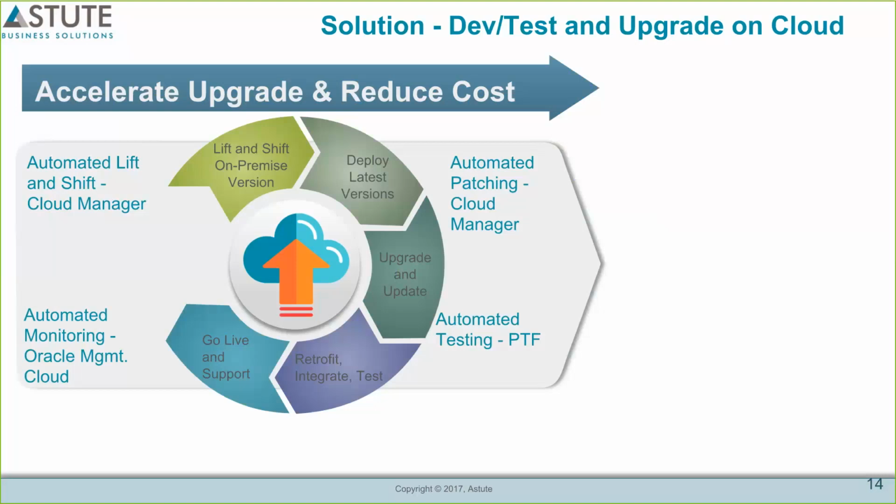Now here comes the really interesting part. Customers have gotten really good at some of these processes on-prem, downloading the new software, applying it, and going through the checklist. Where customers always struggle is in testing that update. What if cloud could give you the automation capability to run a battery of tests every time you applied an update?